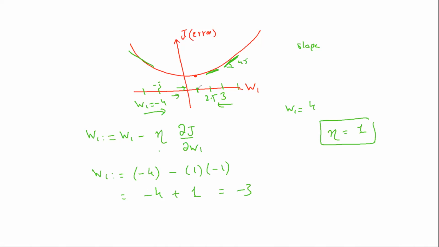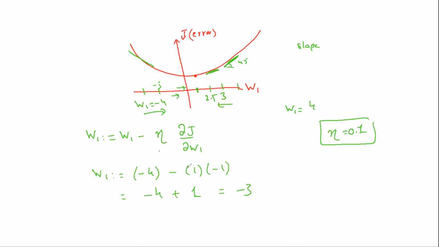So we took an example where slope was positive and an example where slope was negative, and in both cases it is taking us towards our target. Now it's a good idea to tell you what will happen if my learning rate is too small. Suppose my learning rate is 0.1. I was saying it is the size of the step you are taking.